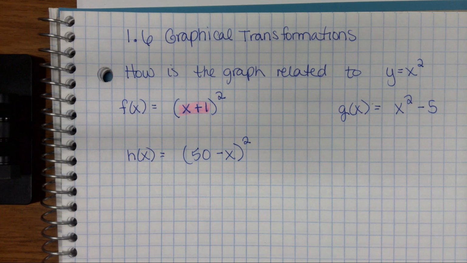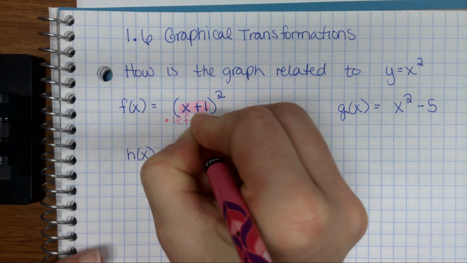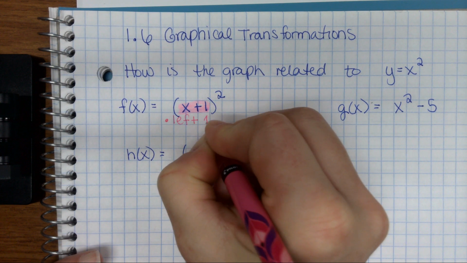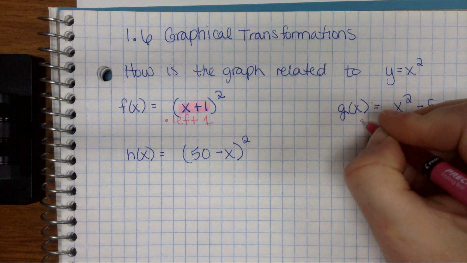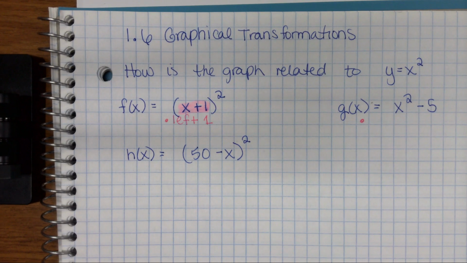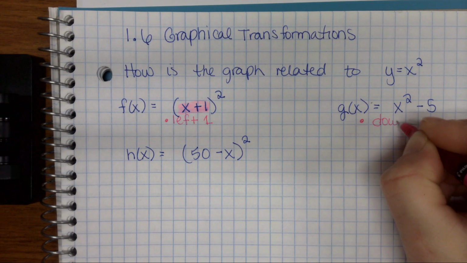Yeah, so this is moving left 1. So left by 1. Okay. Go ahead and see what you think this one is. So x squared minus 5. There's no parentheses, okay? This means? Down 5.